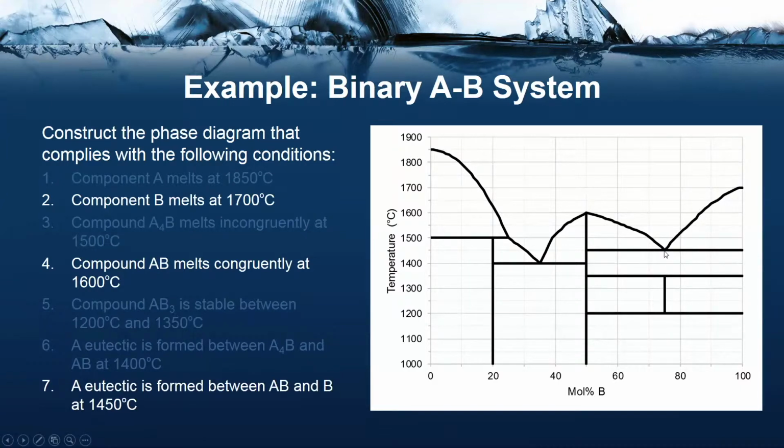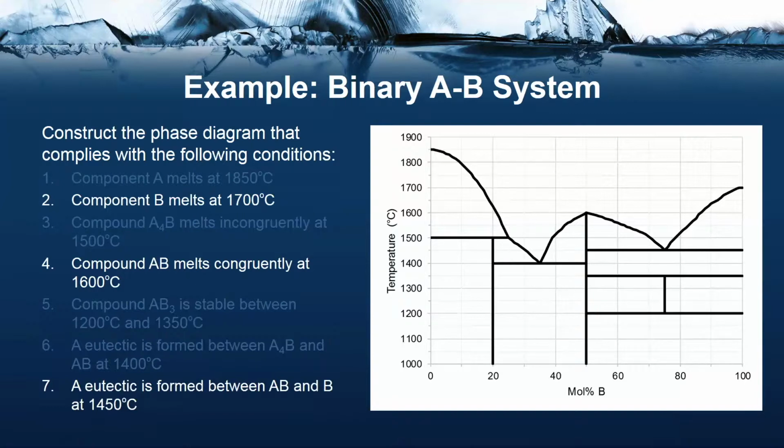And again, we didn't get any information on where the eutectic should be, so I draw it arbitrarily. I could just as well have drawn it right here or right here, and it would satisfy these conditions. This is actually all the information that was given in the instructions, and we have successfully drawn the hypothetical phase diagram that complies with all the specified conditions.